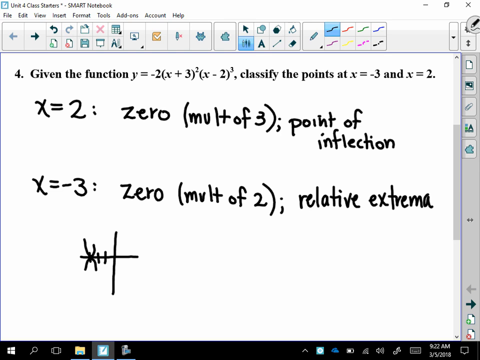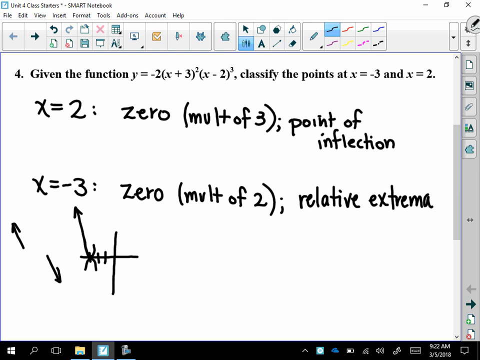Based on the end behavior, we could probably make a better conclusion about what kind of extreme value it is. What's the degree? Odd, so that means the end behavior goes in opposite directions. And what would the leading coefficient be? Negative. So considering the end behavior with odd degree and a negative leading coefficient, I believe the end behavior is going to look like this, which means that at -3, the graph's going to be going upward.